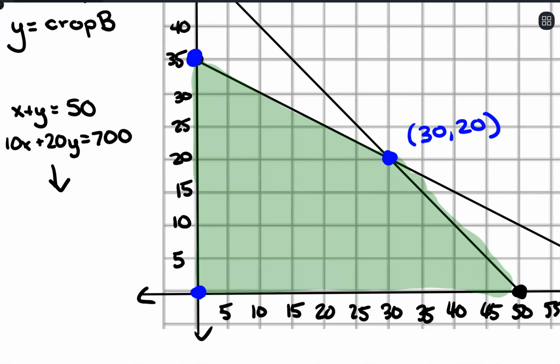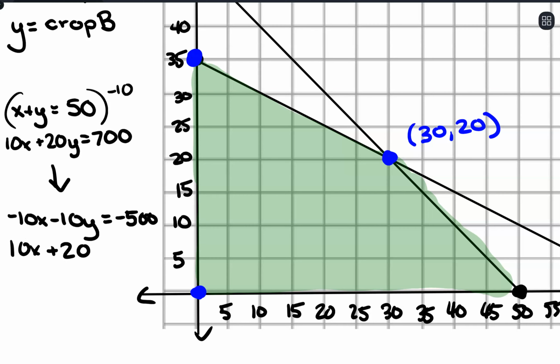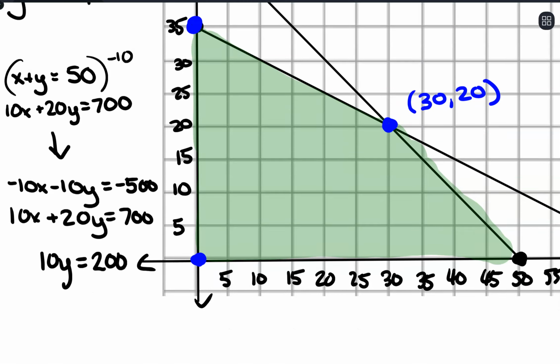So let's say I did elimination method here. I'm going to multiply that top equation by -10. So -10x minus 10y equals -500, with that 10x plus 20y equals 700. So those x's cancel out. We'd have 10y equals 200.